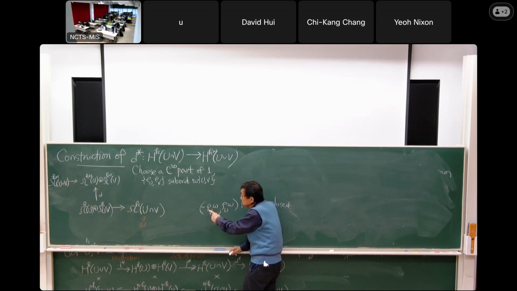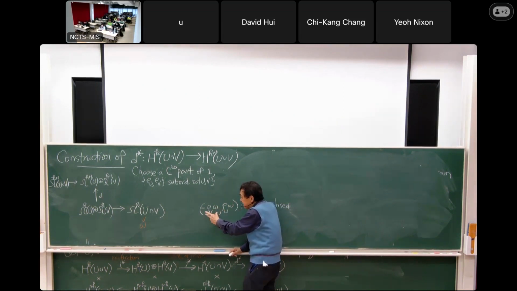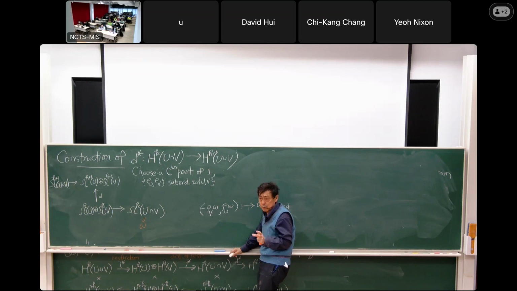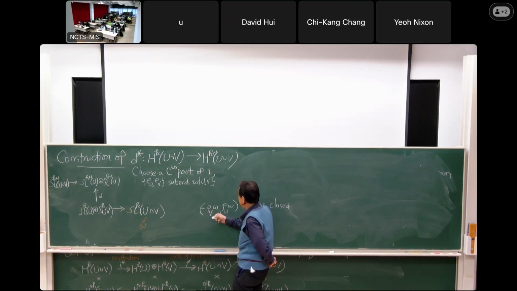And you have to use the partition of unity on the other open set in order to get this to be defined on U. You should review what we did before, all right? So these are the two forms that map to omega.